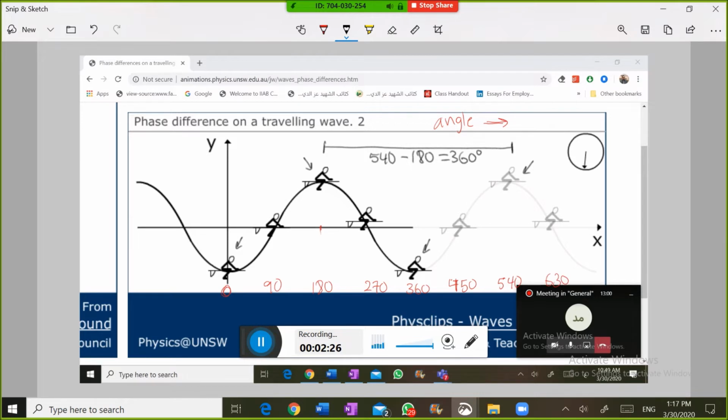If I find the phase difference between this and this, 450 minus 90 also equals 360. So these particles are oscillating in phase. Okay, guys.